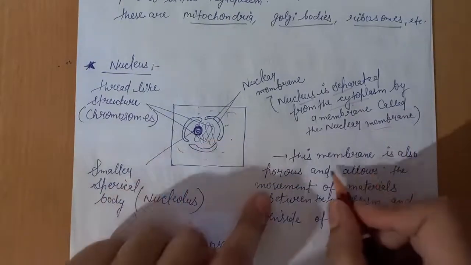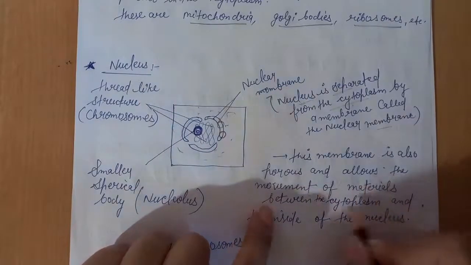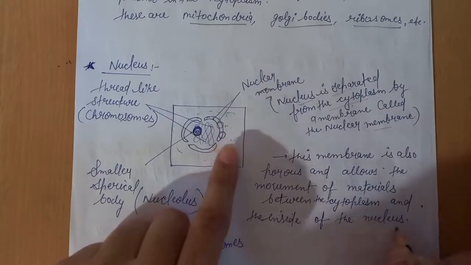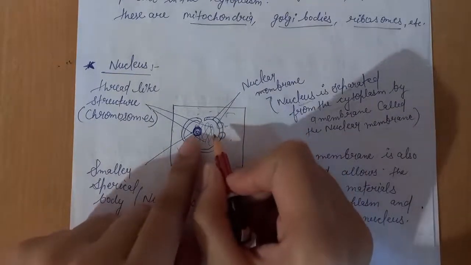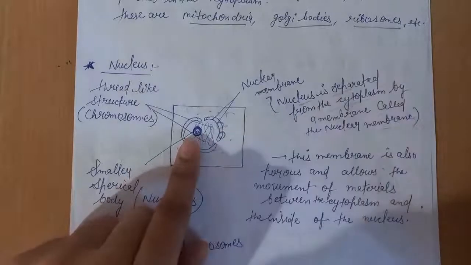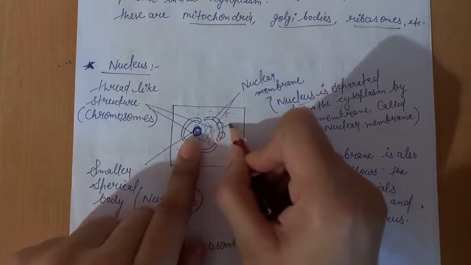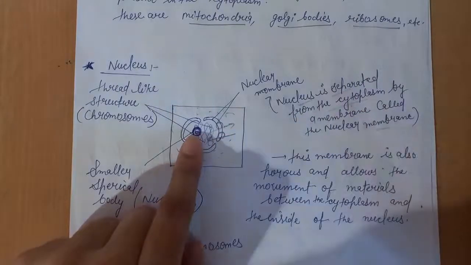This membrane is also porous, and allows the movement of materials between the cytoplasm and the inside of the nucleus. It means the nucleus allows substance movement in both directions, from inside to outside and outside to inside, between the cytoplasm and the inside of the nucleus.